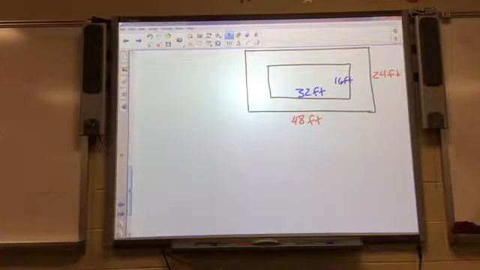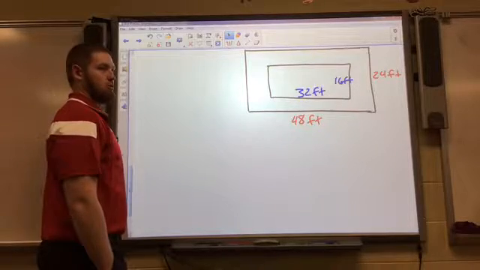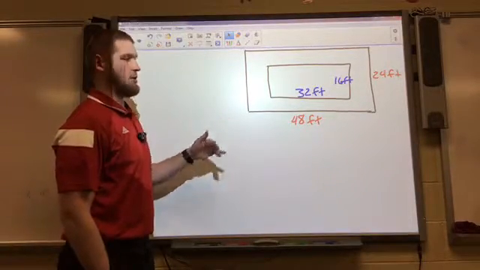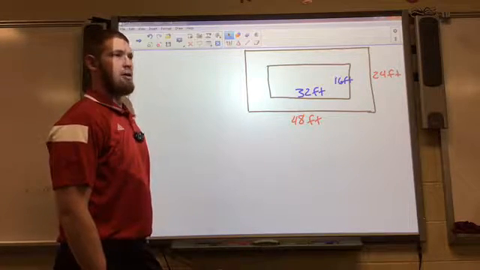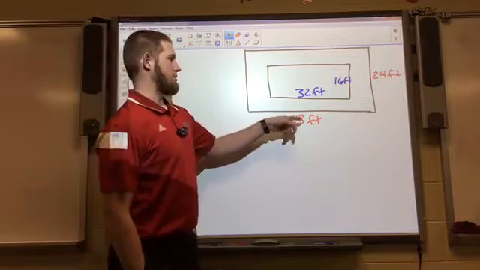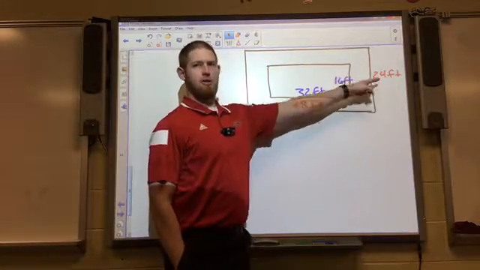The question the book asks is they want us to calculate the scale factor of the patio to the pool. So if we're doing patio to pool, what has to go on top? The patio length, right? Is it going to be easier to reduce 48 and 32 or 24 and 16? Probably 24 and 16.